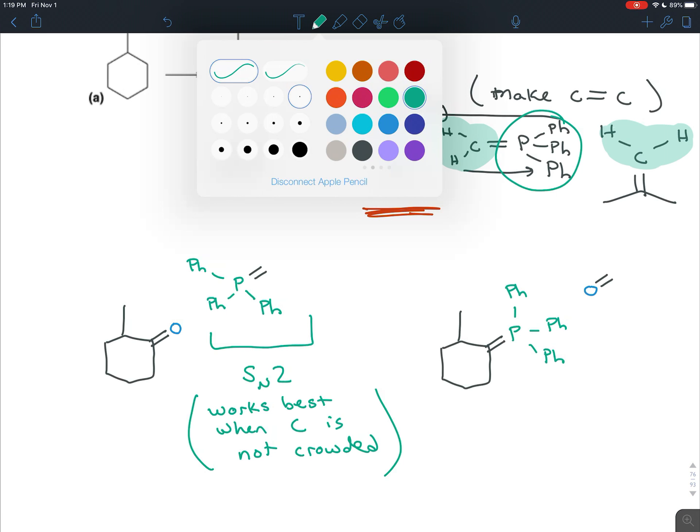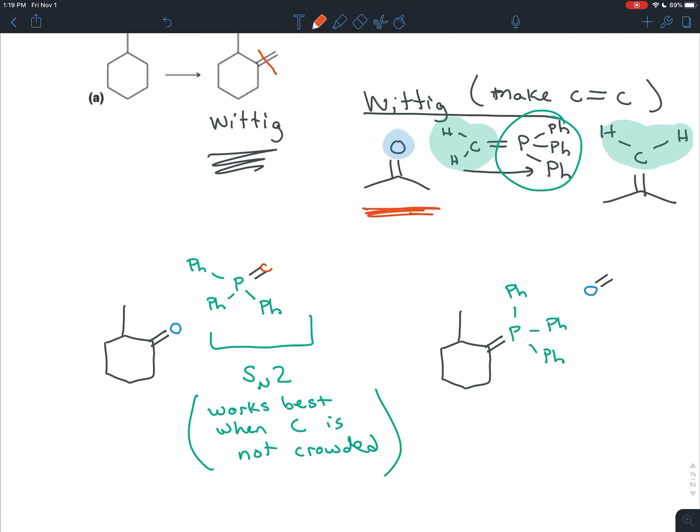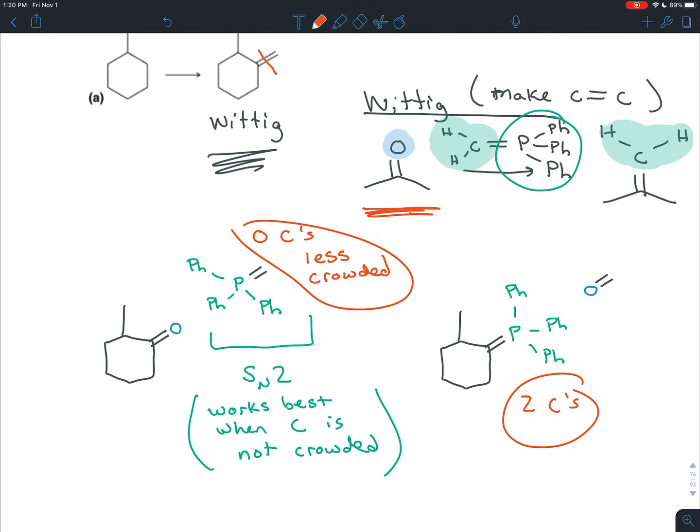So if we look at what that's bonded to, if we look at this carbon right here, that's bonded to 2 hydrogens. So 0 carbons are bonded to this carbon right here. On the other side, if we look at what the phosphorus is bonded to, it's bonded to 2 carbons. And because the one on the left has fewer branches, in other words, it's less substituted, this is bonded to fewer carbons, it's less crowded. 0 carbons is less crowded than 2 carbons.